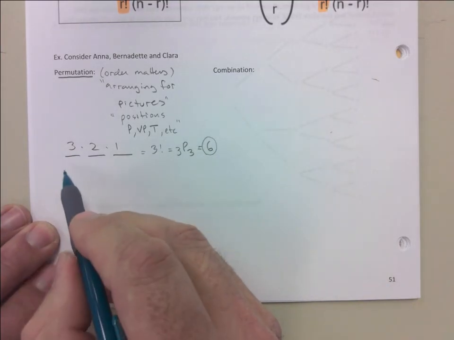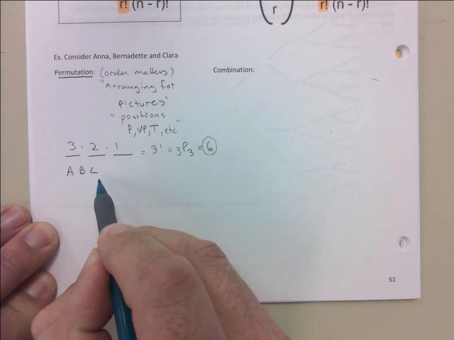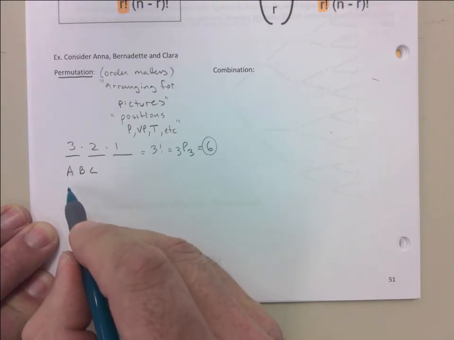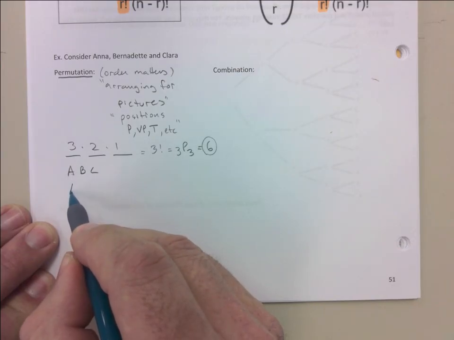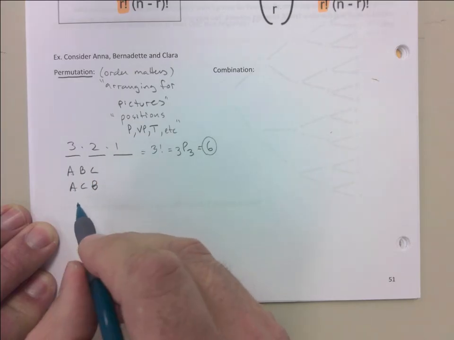6 ways. So we can actually show that. A, B, C, if they're standing like this, that'd be 1 permutation. If you go A, C, B, you flip the last 2, that would be another one.